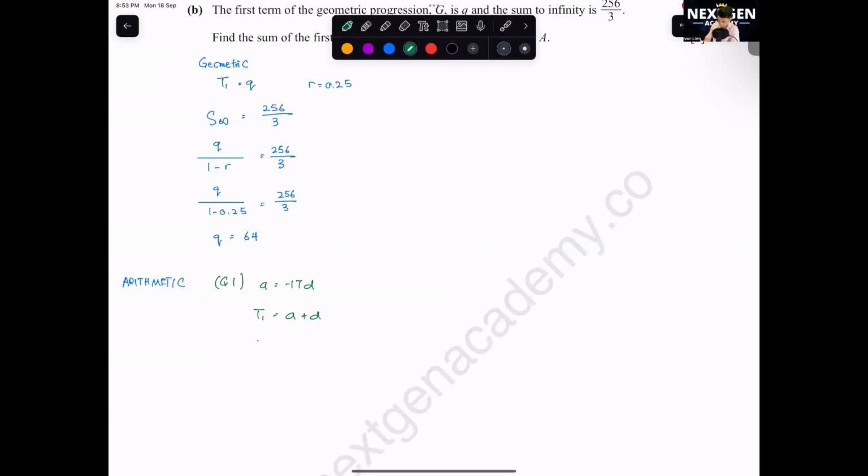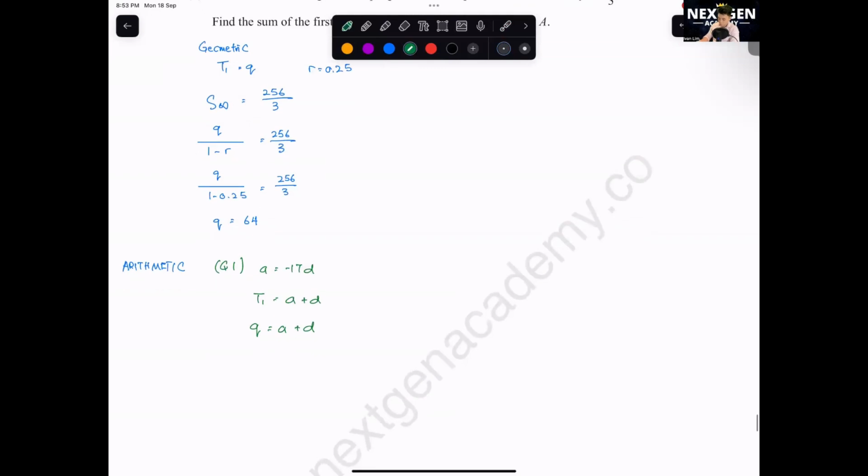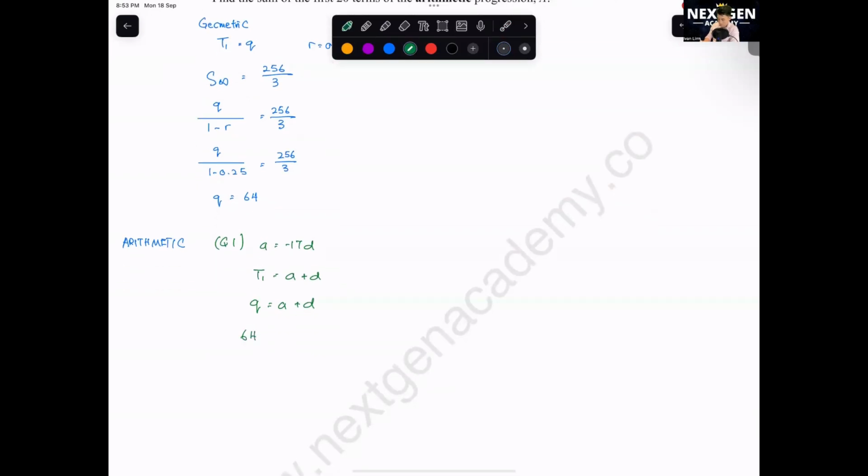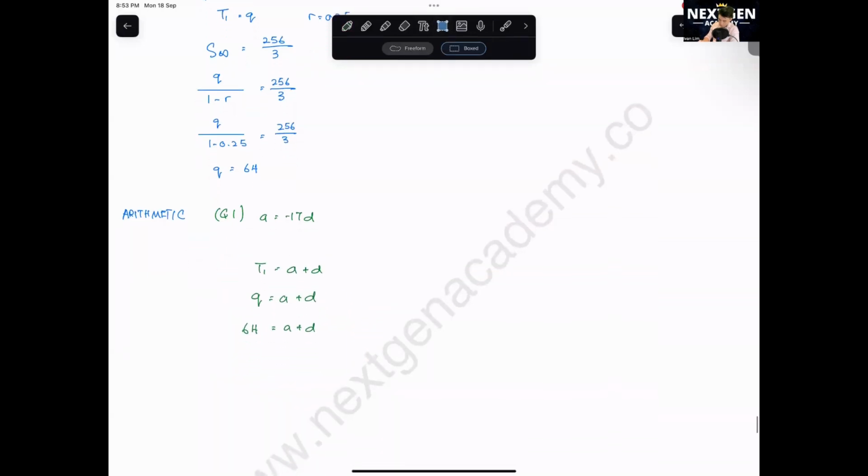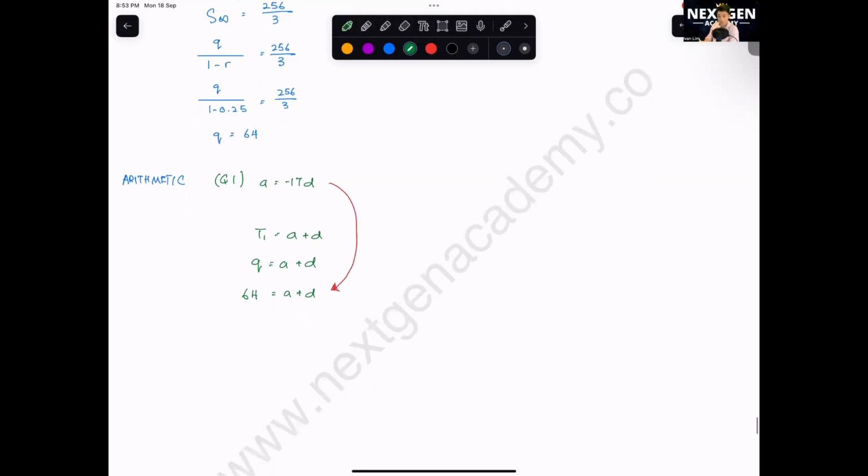So we define this as Q equals A plus D. Q, what we just found, is 64, equals A plus D. What else did we find? A is also negative 17D. These are two different equations. So I'm going to sub this one into here, because A is also equal to negative 17D.